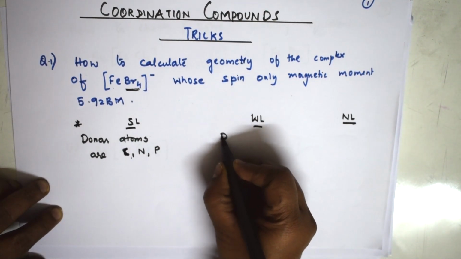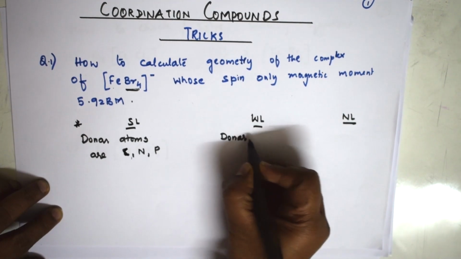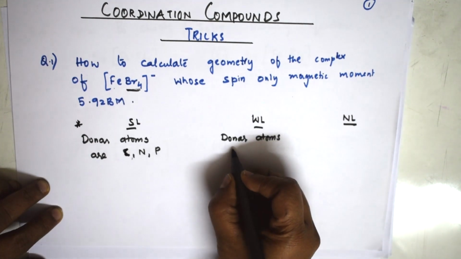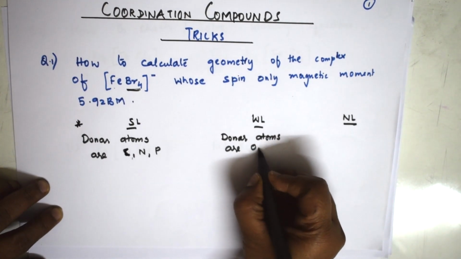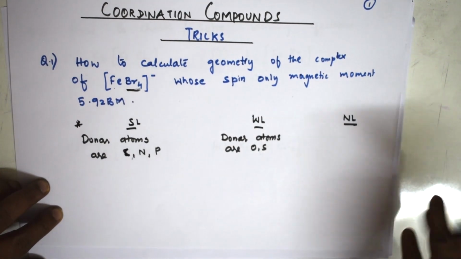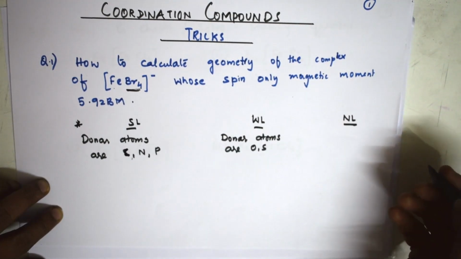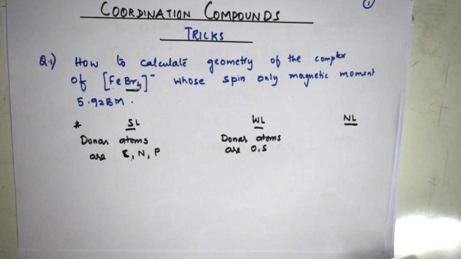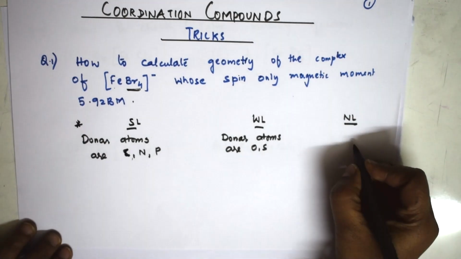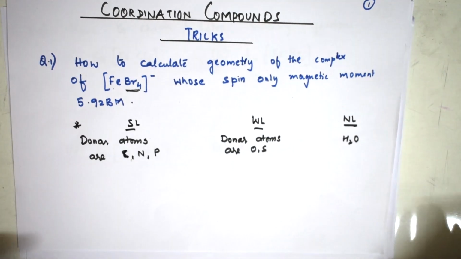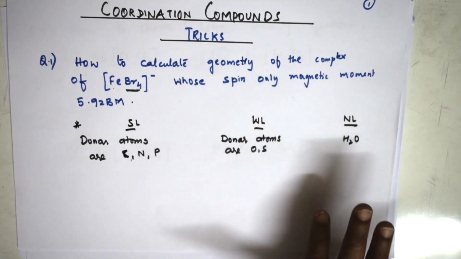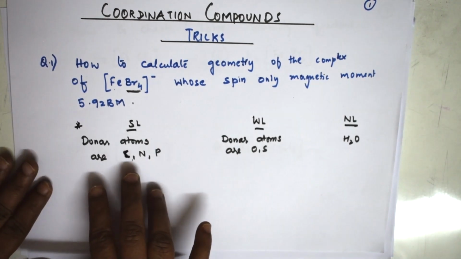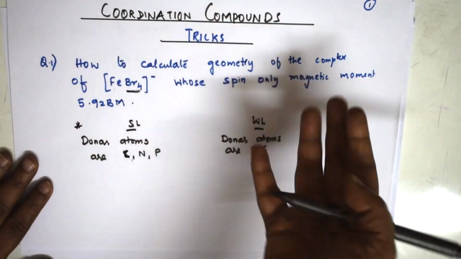Now if I take the weak field ligands, if the donor atom is either oxygen or sulfur, then they are called weak field ligands. And neutral ligands, just like the water molecule, are neutral ligands. Ammonia also is a neutral ligand, but we have to say specifically what is a neutral ligand. Now remember this.